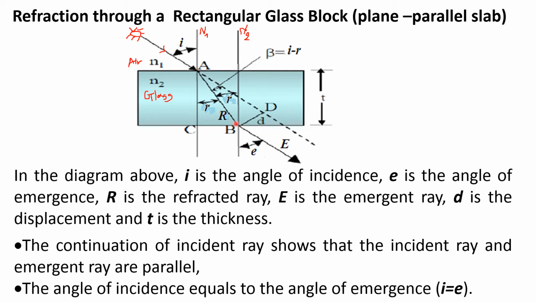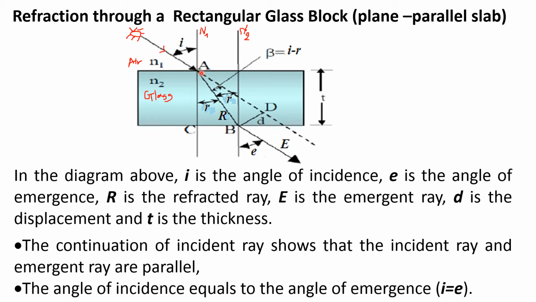Since the index of refraction of glass is larger than the index of refraction of air, when light is emerging in air, it will move far away from normal 2. And if we do an experiment, we will see that this emergent ray, capital E, is parallel to the first incident ray.